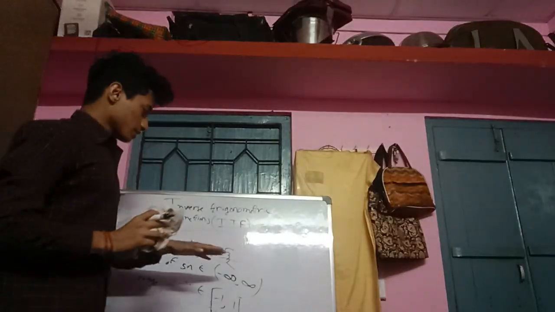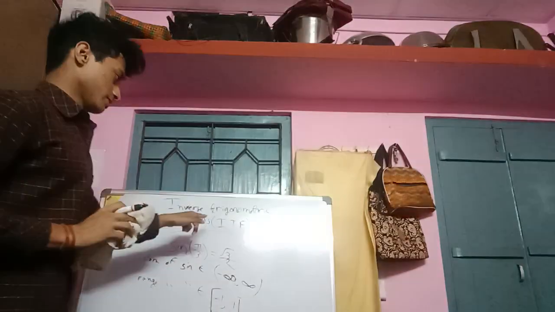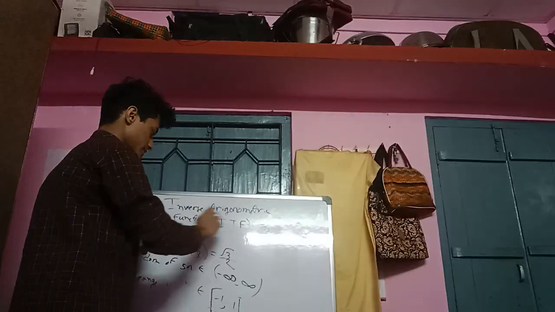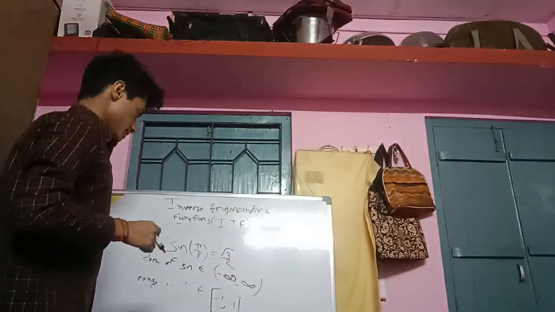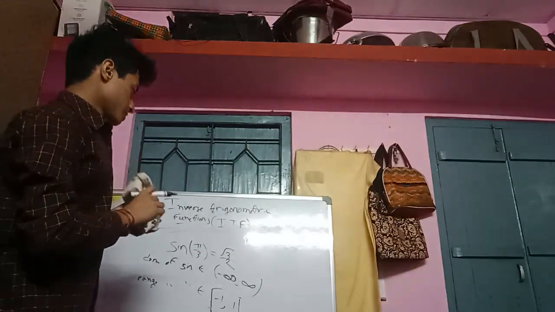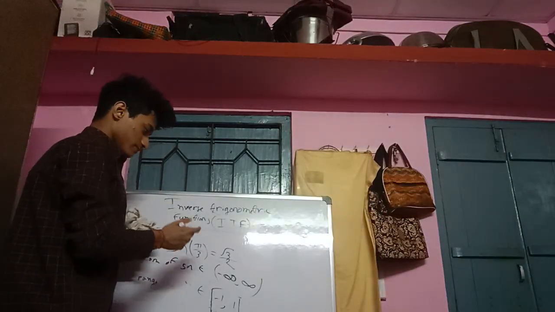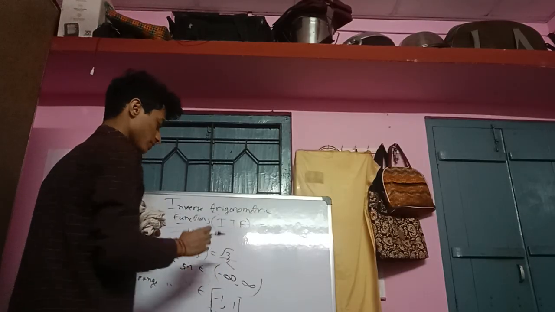Now this was all about trigonometric functions, but in this chapter we are not going to be learning about trigonometric functions. What we are going to be learning about is inverse trigonometric functions, functions which are inverse to trigonometric functions. Now, what are inverse functions? An inverse function is a function that works in the opposite direction of a regular function.